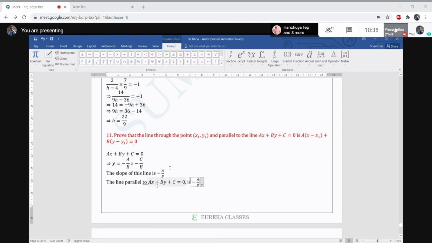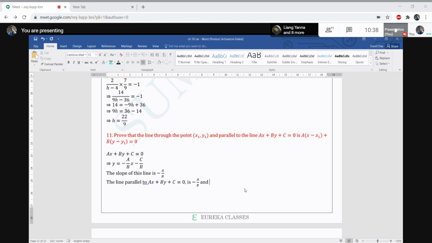The slope of the line which is parallel to this line will be the same, and the line passes through this point.